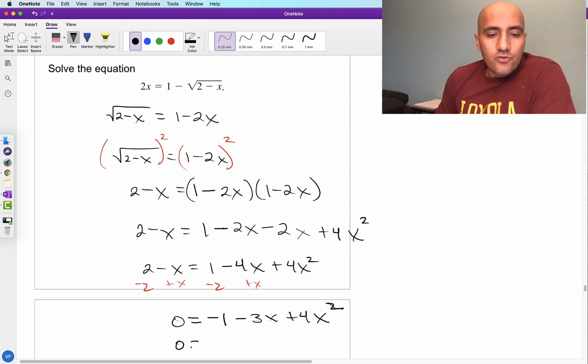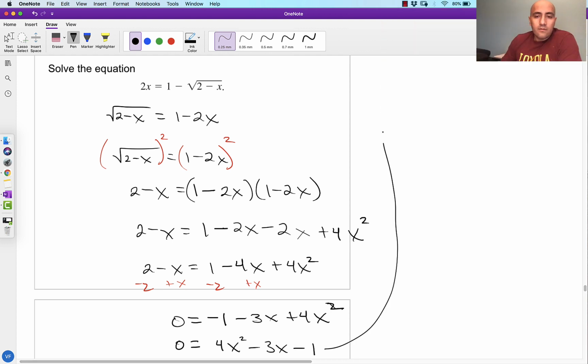If I now just move those things around a little bit, I'll get a 4x squared minus 3x minus 1 over here. 0. So I'll just flip it around a little bit and say it's 4x squared minus 3x minus 1 equals 0.